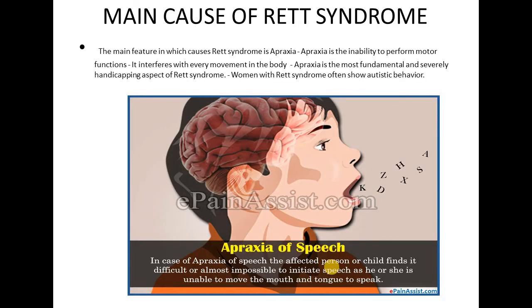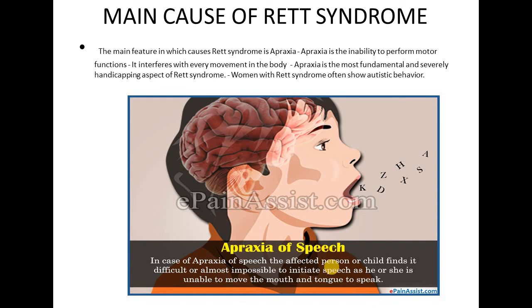And the main feature which causes Rett syndrome is apraxia, that is the inability to perform motor function, because it affects the nervous system and interferes with every movement in the body, and it is the most fundamental and severely handicapping aspect of Rett syndrome.